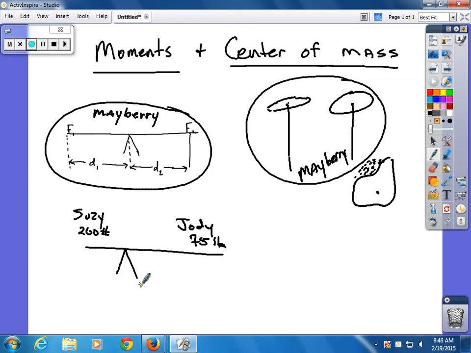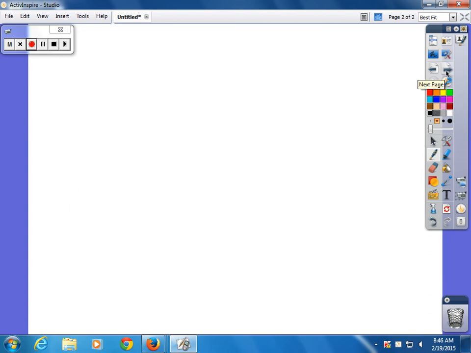So, what do you do to find the center of mass? Well, for the moment, let's take an example. Let's say we've got a fulcrum and lever, and this is a test question because I'm going to give you moment, but I'm going to give you center of mass questions.